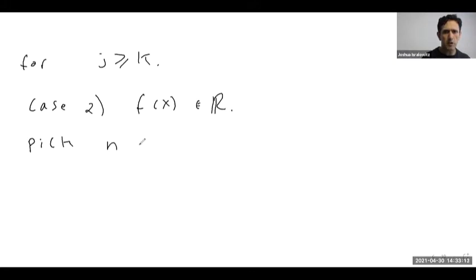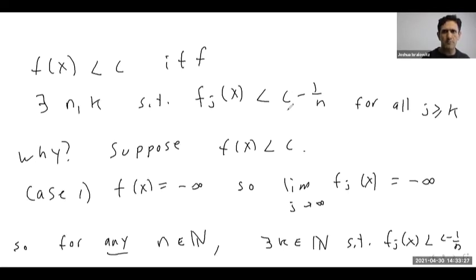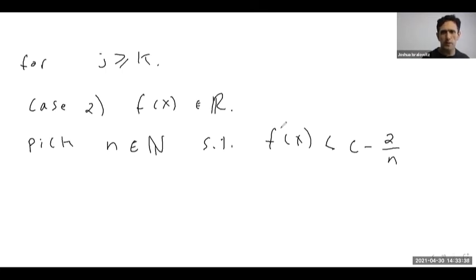So pick small enough n such that f of x, and you can always do this, is less than c minus 2 over n. We're assuming this here, so that's what allows me to do this. All right, so now let's do epsilon delta.